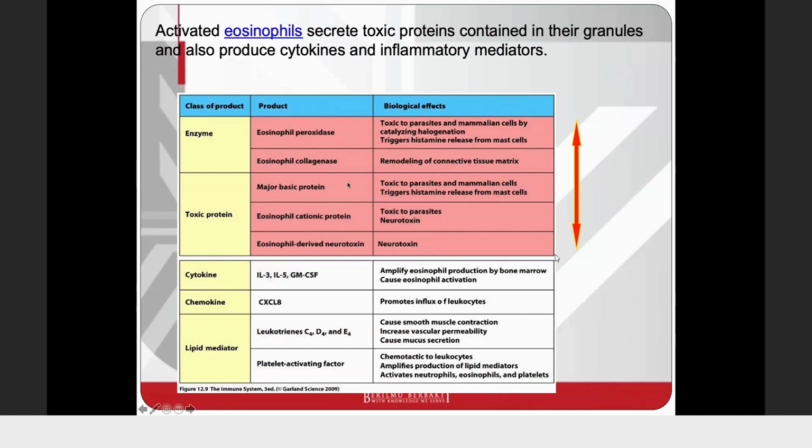The red boxes are all pre-made, so they are more potent in terms of their effect compared to the molecules released by mast cells and basophils. And then the white boxes are all produced after the red boxes are released.